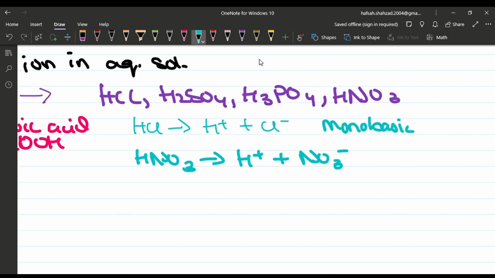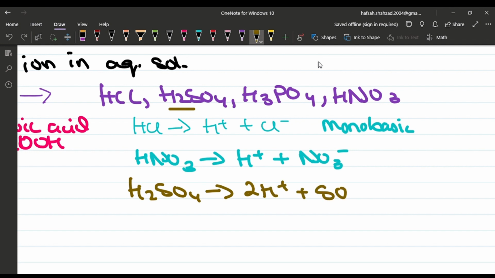Looking at dibasic acids, we have sulfuric acid. Sulfuric acid is a dibasic acid because in aqueous solution it gives 2 moles of hydrogen ions, and that's why it's classified as a dibasic acid.